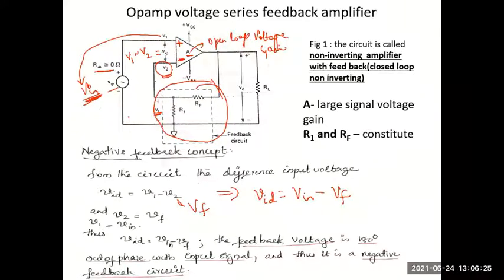And in an op-amp, you are going to get negative feedback whenever you connect the feedback signal to the inverting input. Any signal which is connected to the inverting input of an op-amp gives a 180 degree phase shift from the actual input signal, so it is considered as negative feedback. Please remember that.